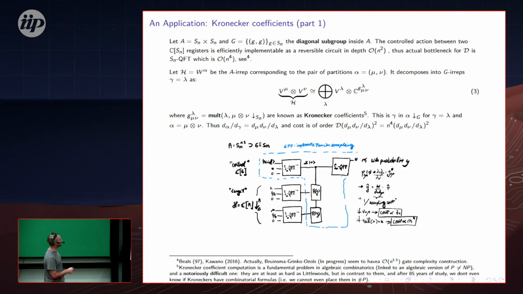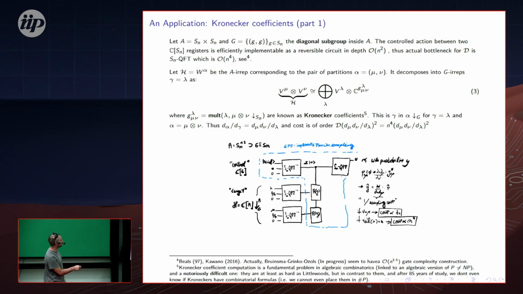And as I was saying, remember A is two copies of Sn, so we can really take an A irrep to be mu and nu irreps with mu and nu partitions of n. And this will give us the rule for the Kronecker coefficients. So this is the A irrep. And if we think of this as a G irrep, it will break into Kronecker coefficients for each lambda. That's the multiplicity of lambda in A in the restriction.